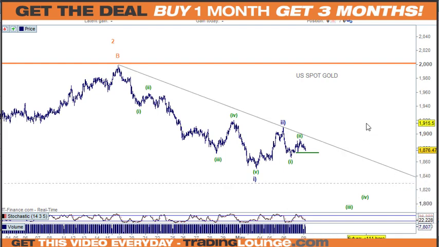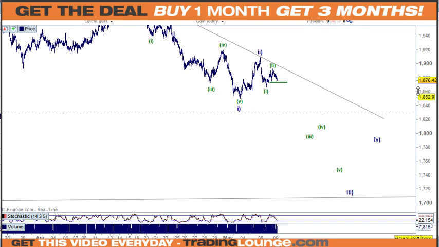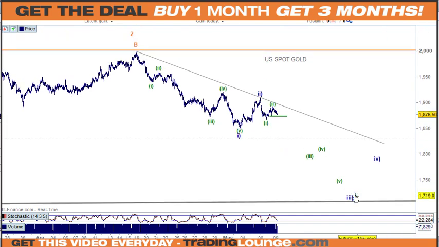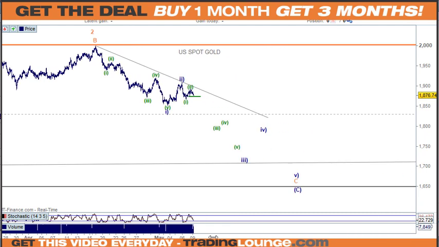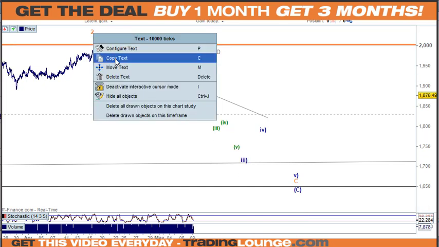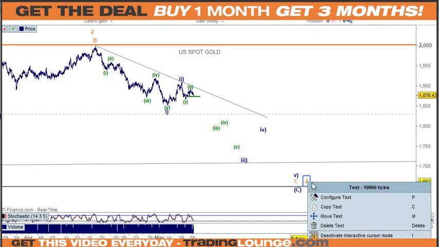But yeah, if this moves down here, then we'll be looking at down for wave 3, 4, and 5, so bringing it down further. If I just copy that here, this would be down for the triangle pattern as an ABC to that point.